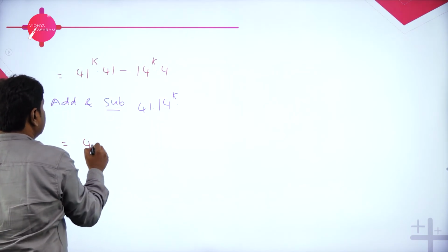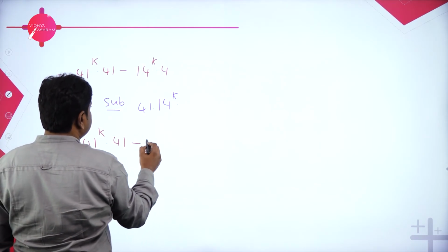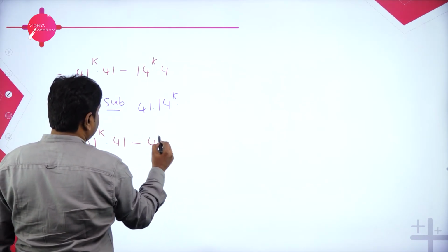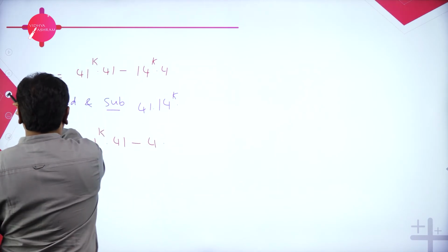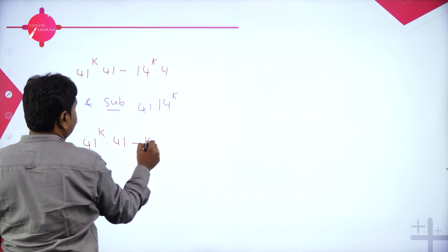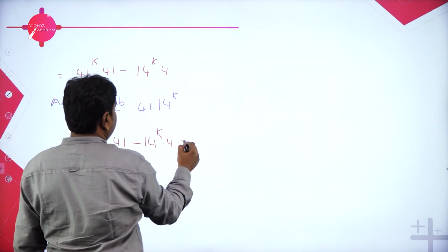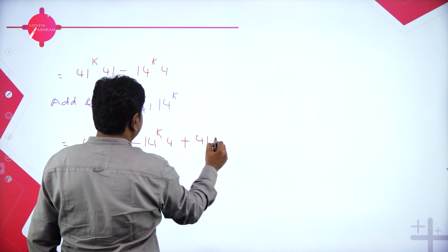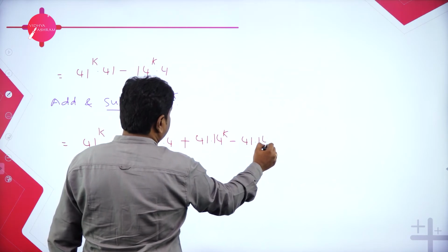Then it will become 41 power k times 41 minus 14 power k times 14, whatever is given I'll write as it is, add and subtract: 41 times 14 power k minus 41 times 14 power k.